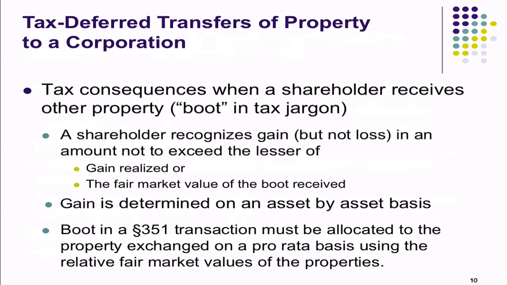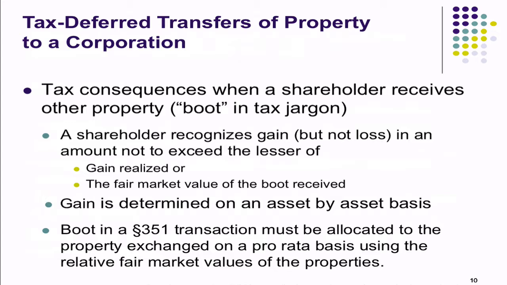So what does that mean? The service will look at whatever asset the stockholder got in addition to stock on an asset-by-asset basis and reach a conclusion about gain by looking at each asset. So it's either the gain realized or the fair market value of whatever is received.